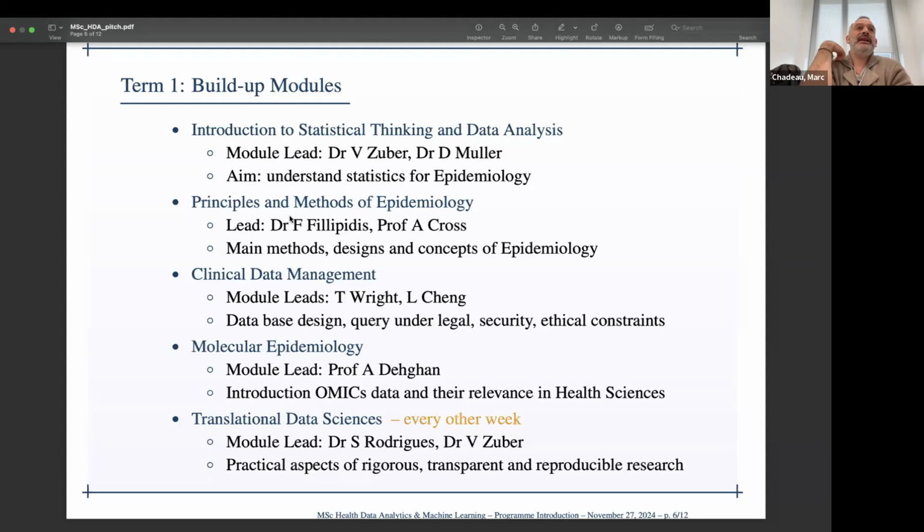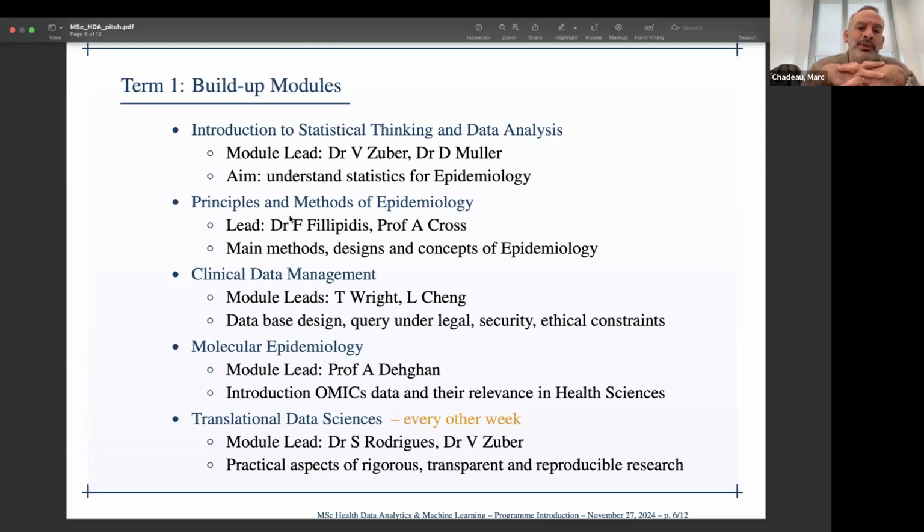That module may appear as a kind of a refresher for the students with more of a methodological background, and more of a learning module for students with more of a clinical background. But this is important for both, because more methodological students will see it in a more applied way, and that kind of helps you change perspective in the concepts tackled in the module.